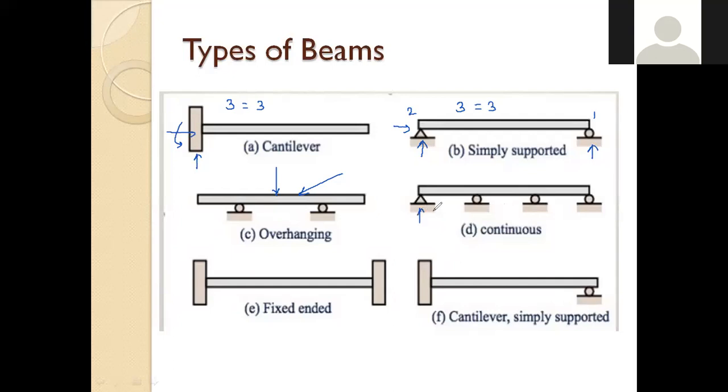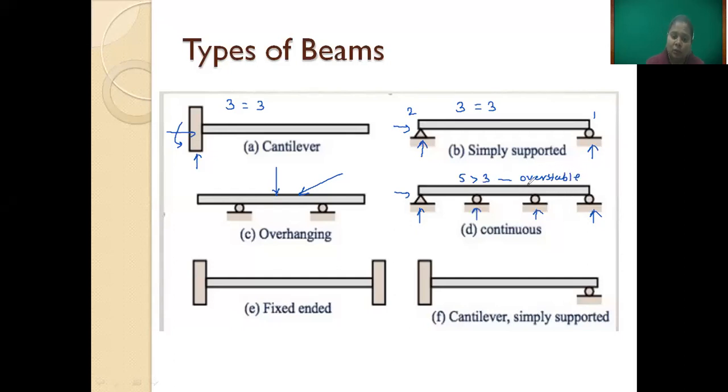So 2 for this hinge support, 1 for this roller, 1 for this roller, and 1 for this roller. So there are 5 unknown reactions and moments, and the equations of statics are 3. So 5 is greater than 3. So this structure is overstable, or an indeterminate beam.